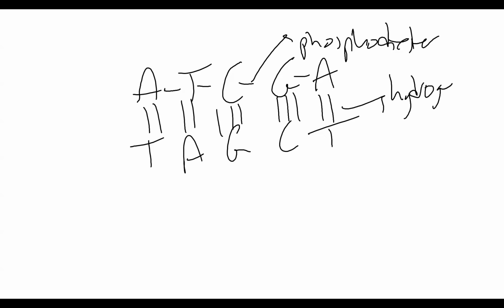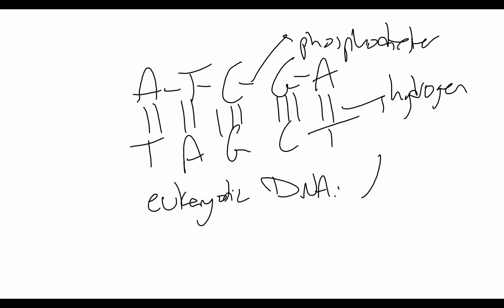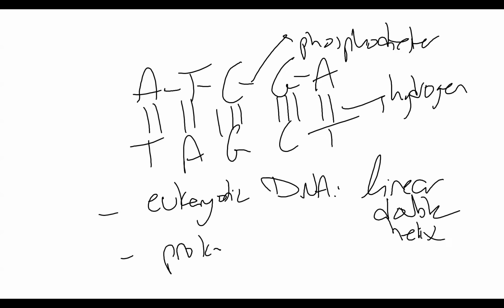Now, what is our trick here? What am I trying to tell you guys? That eukaryotic DNA has a linear double helix, and prokaryotic DNA has a circular double helix.